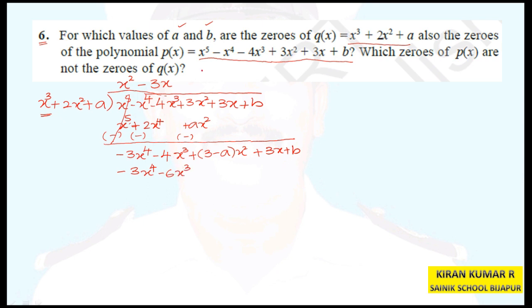Now you see, minus 3x when multiplied to a, the product will not be having an x square term. So in the place of the x square term, we will leave it blank and we will continue with the x term. Below 3x we will write the product of minus 3x and a, which is minus 3ax. Now you change the sign, add them up.